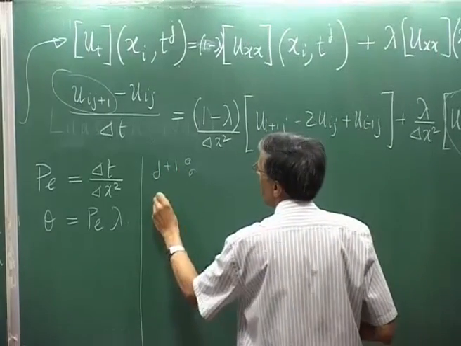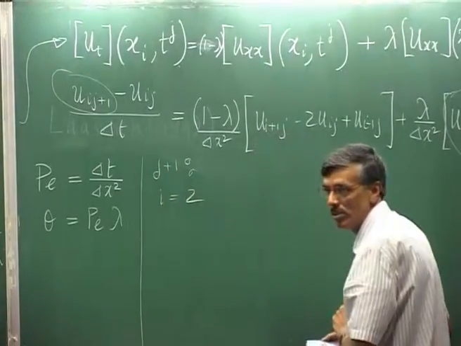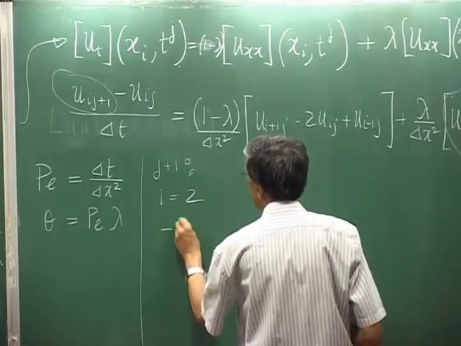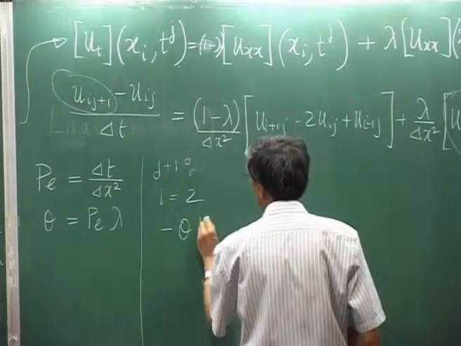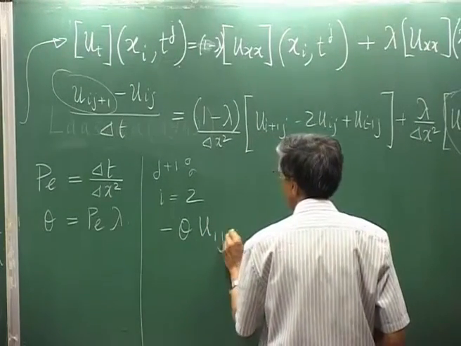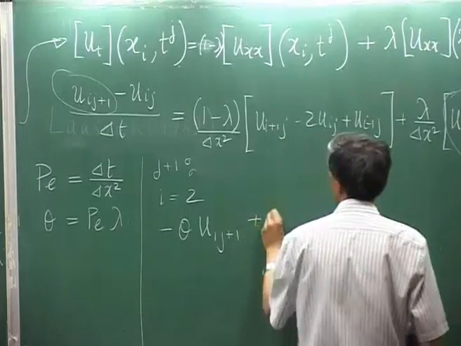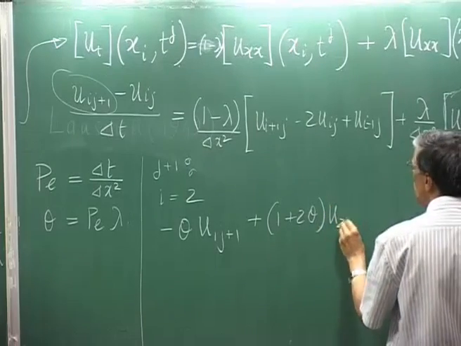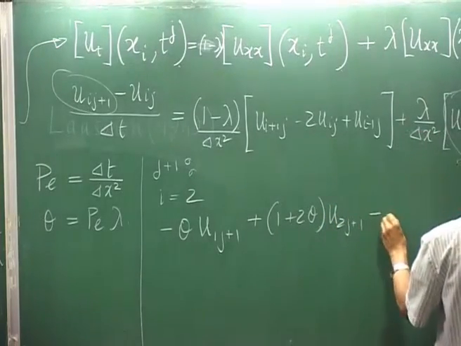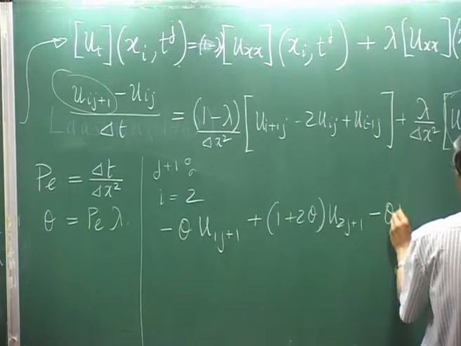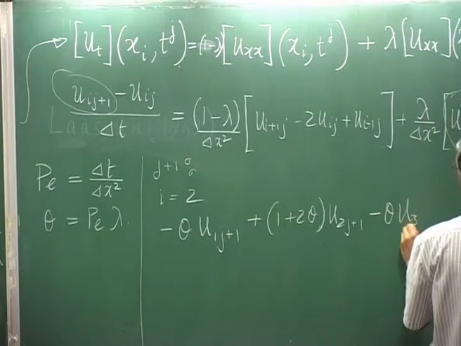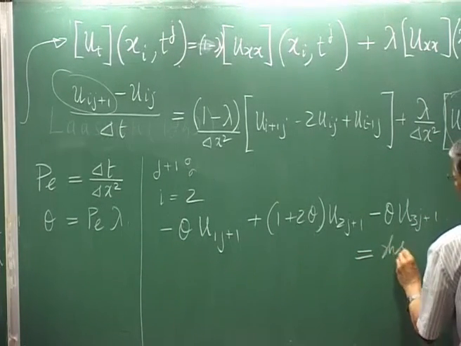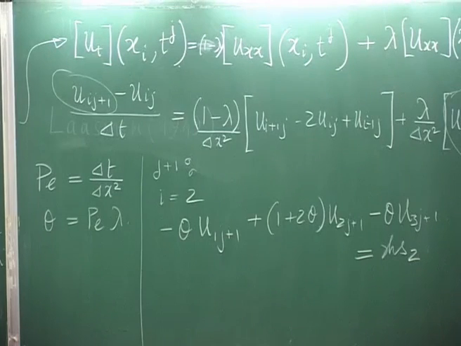There is no problem, but I will write it for say i equal to 2 first. If I write it for i equal to 2, then I am going to get minus theta u 1 j plus 1, plus 1 plus 2 theta u 2 j plus 1, minus theta u 3 j plus 1, and everything that has gone on the right hand side, I will just simply write it as RHS 2.